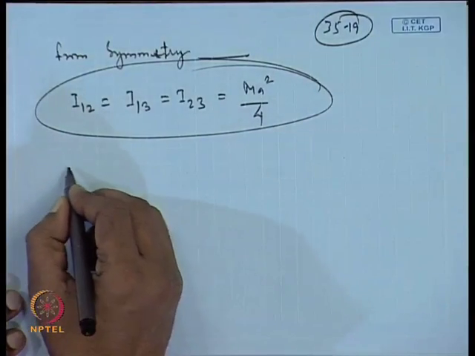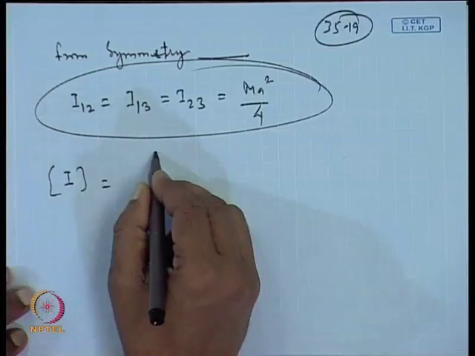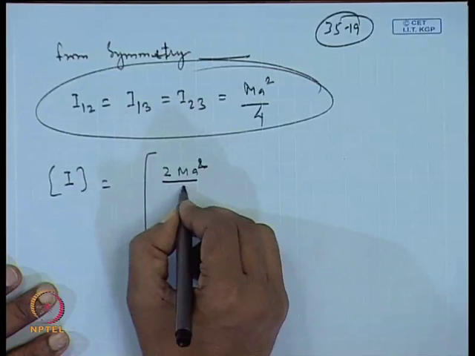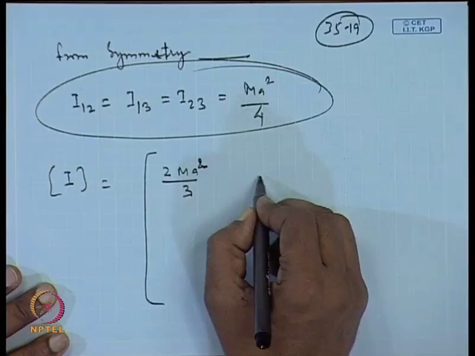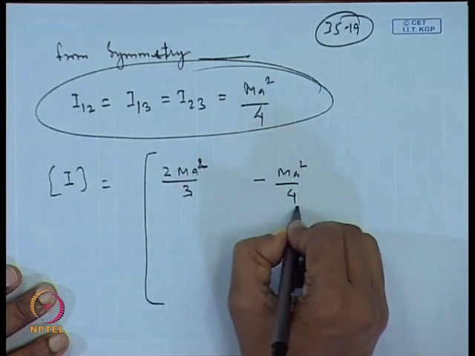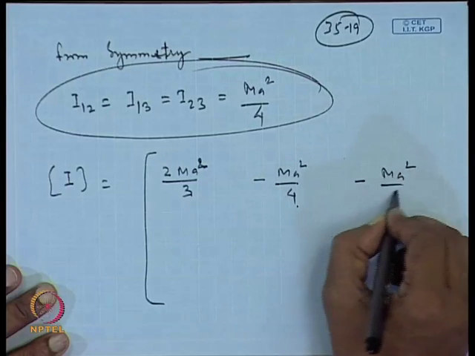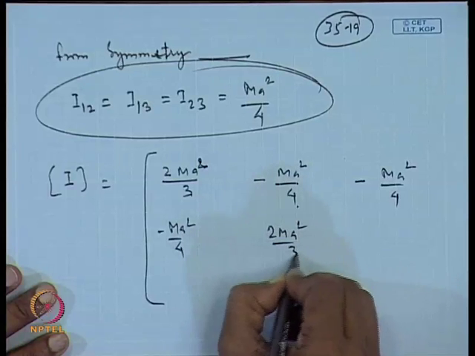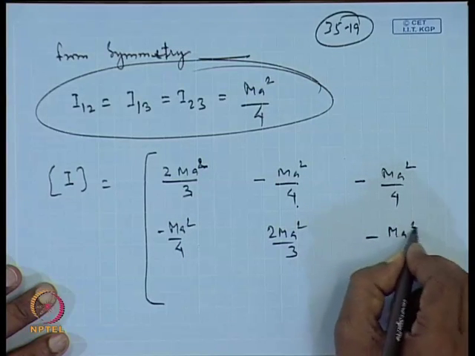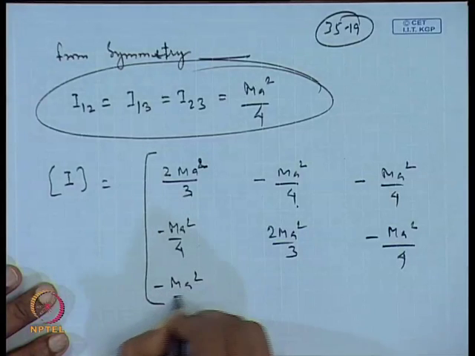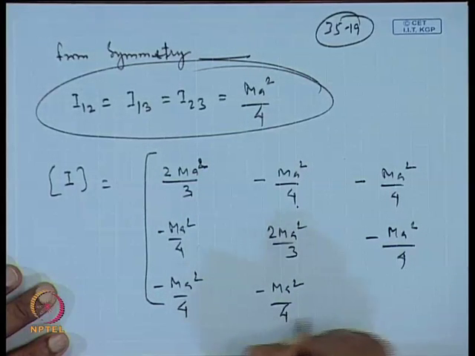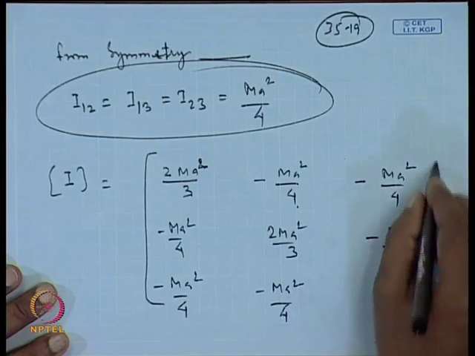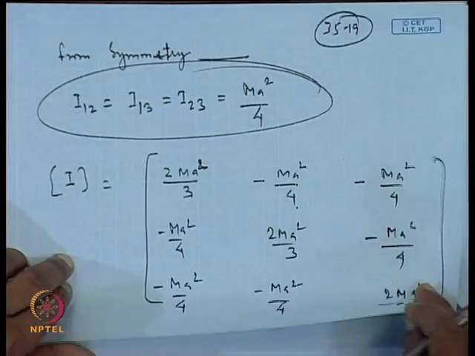Okay, so, your inertia matrix is basically 2 m a square divided by 3. So, this is your inertia matrix.